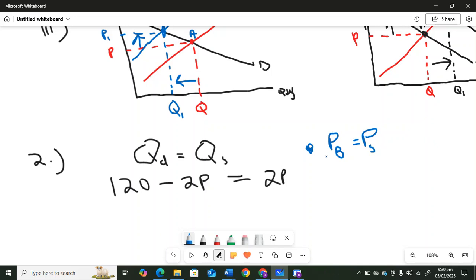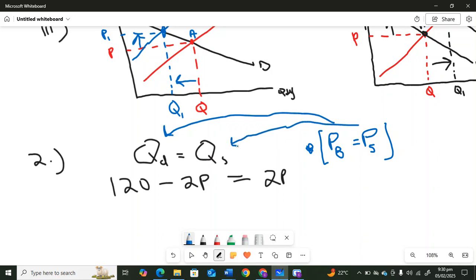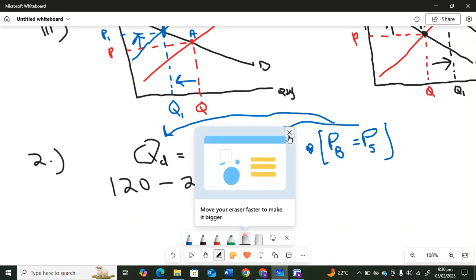This is going to come in handy in the second part of these equations. But here at equilibrium, it doesn't matter because they are both equal. And one more thing, PB is attached to the demand function and PS is attached to the supply function. So here we can put PB and PS, but since they are equal, no need to illustrate that.